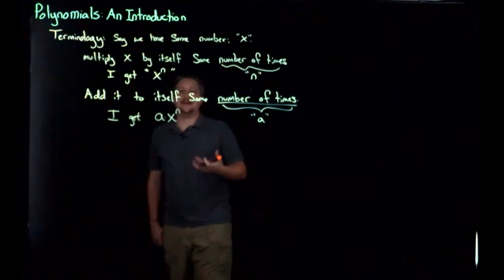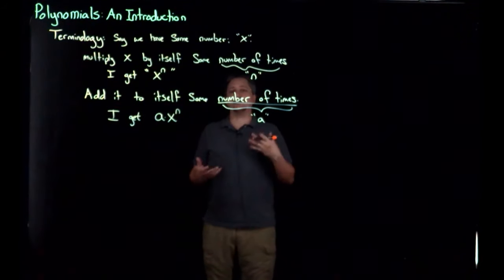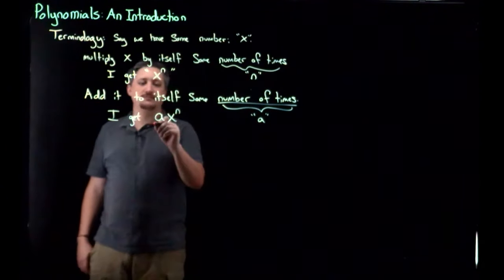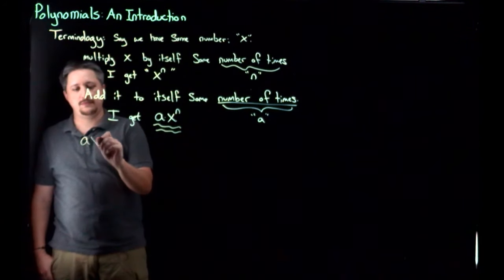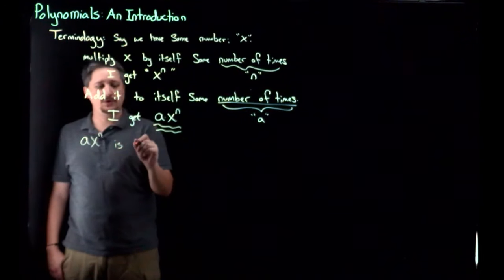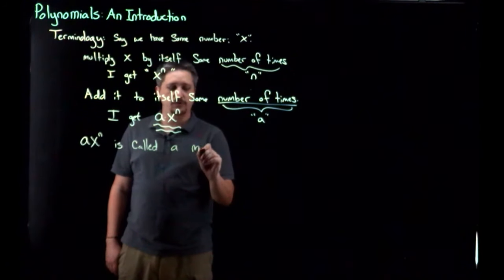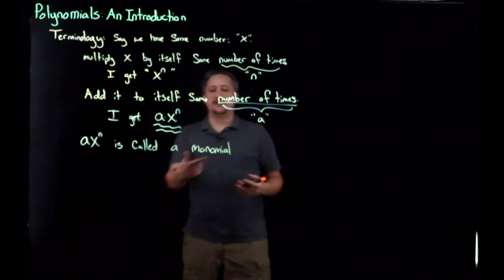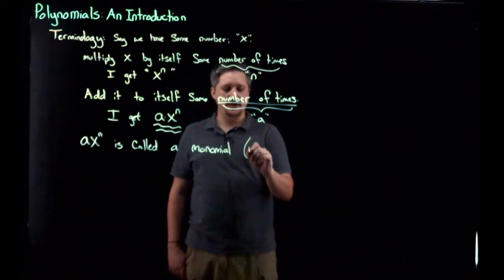And this thing, this ax to the n, is sort of the most general term that we're going to be building up from in terms of polynomials. So this ax to the n is called a monomial. So, fun fact, this actually used to be called, and I'll just put it in parentheses, you don't need to know this, but if it helps you remember, this actually used to be called mononomial.